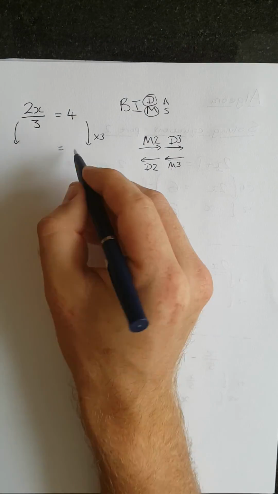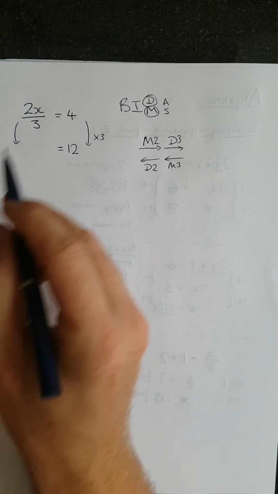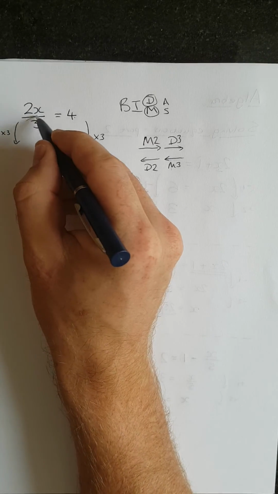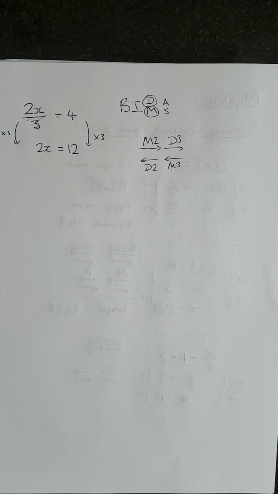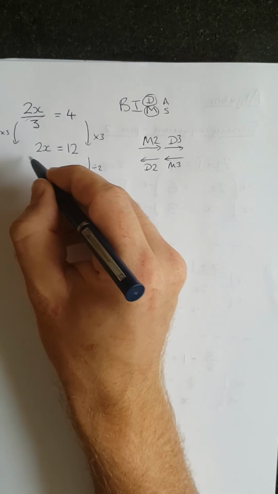So when I multiply this side by 3, I get 12. When I multiply this side by 3, it cancels out the divide by 3 and leaves me with just 2x. Now I divide by 2.